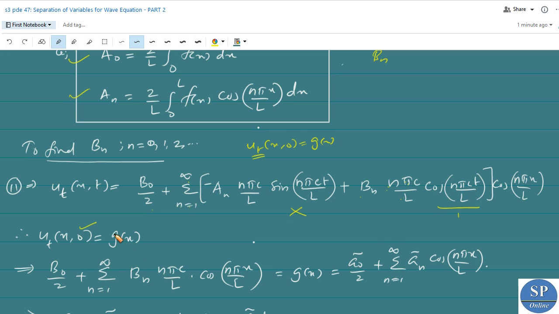Okay, so we are given that this is equal to g(x), and we assumed that g(x) is equal to ã_0/2 plus the summation n from 1 to infinity ã_n cos(nπx/L).